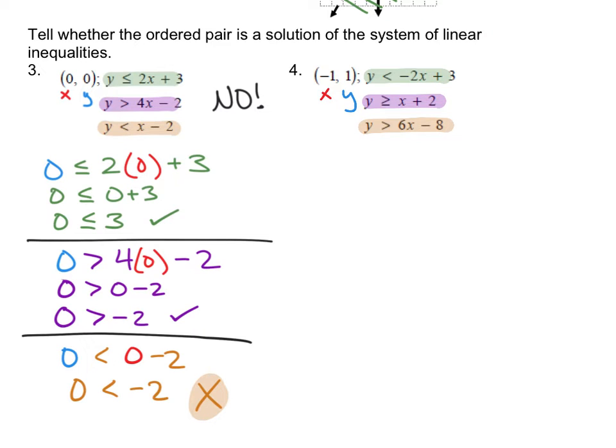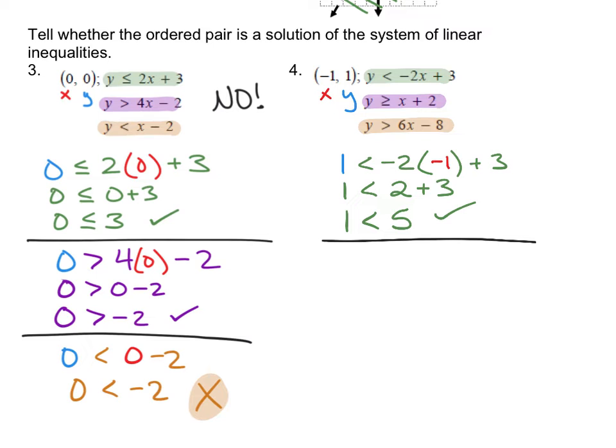When you plug in x and y, we would be checking if y is less than negative 2 times negative 1 plus 3, which is like checking 1 less than 2 plus 3, or 1 less than 5, and that's a true statement. 1 is definitely less than 5. So we check the next one.